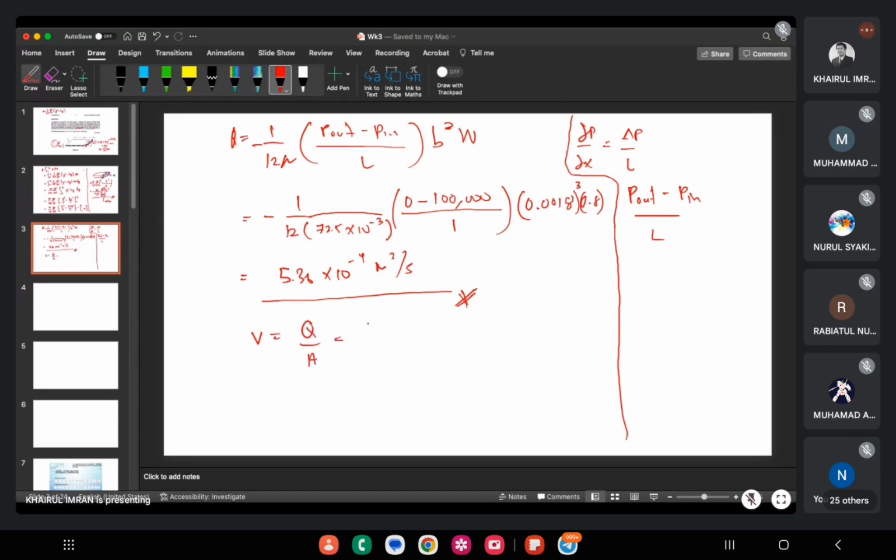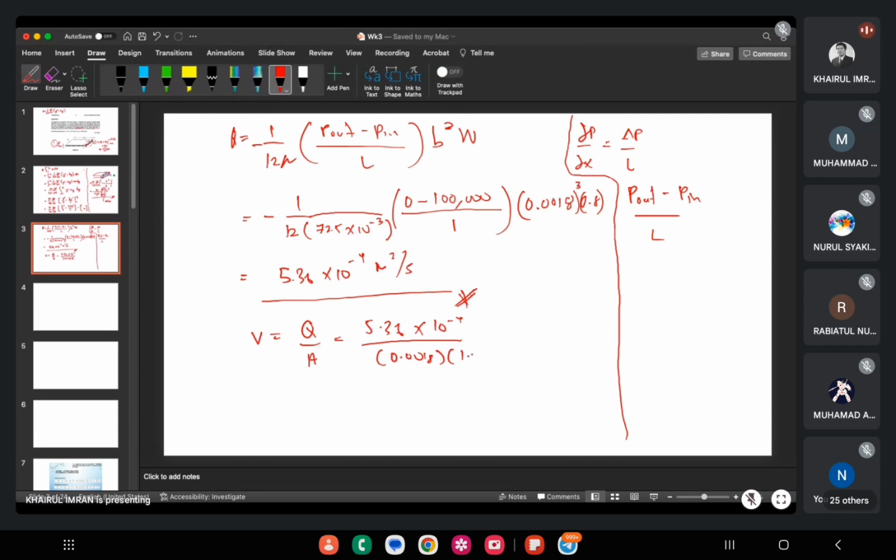For this case, 5.36 times 10 to the power of negative 4 divided by B. What was B? 0.0018.